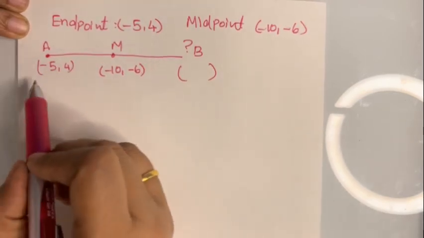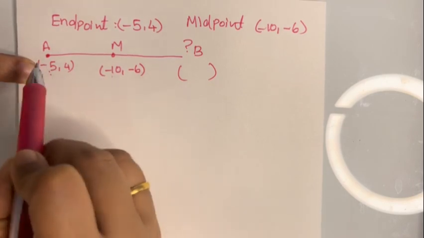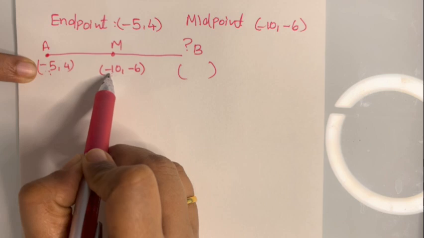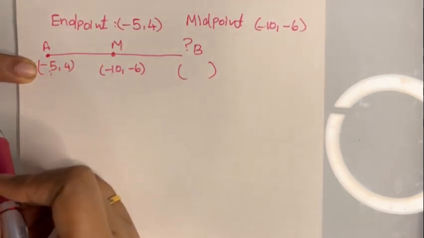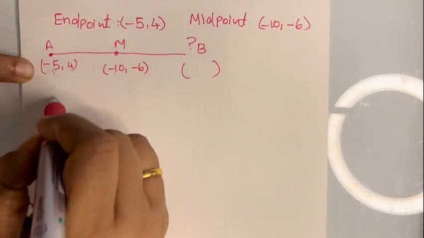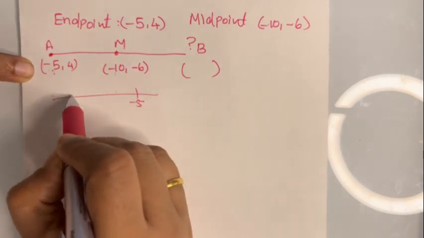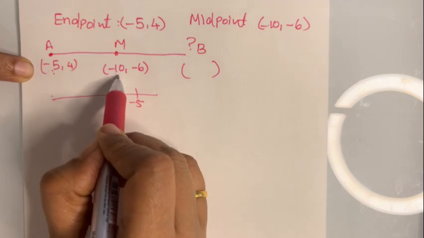From negative 5 to negative 10, how many steps do you have to take? It is 5 steps. You're going backwards. On the number line, if you're at negative 5, you go this way 5 steps, and that puts you at the midpoint, negative 10.